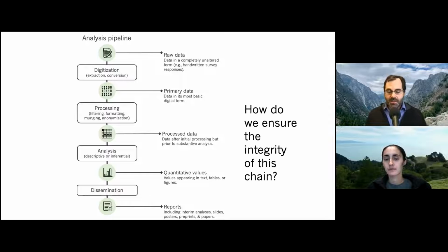And the goal that we all have is to ensure the integrity of this chain such that the data that are collected are represented appropriately in the reports and dissemination that we give. So that's the broader goal.